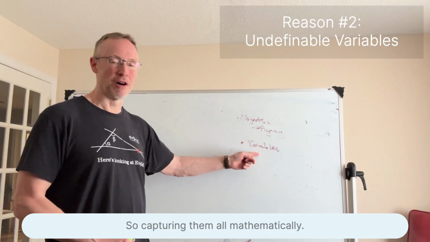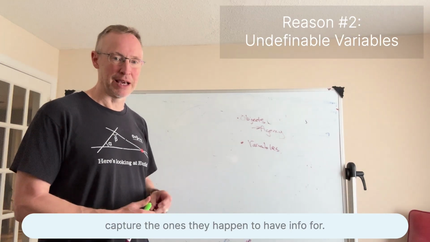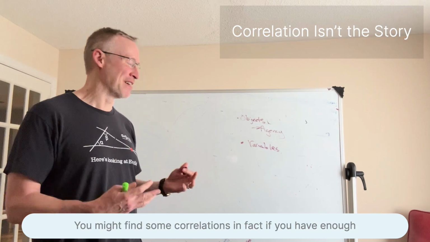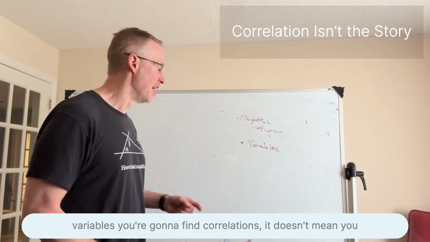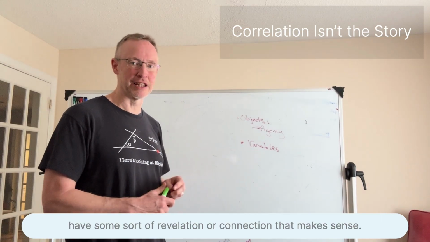So capturing them all mathematically, and a mistake people make is they just capture the ones they happen to have info for. That's not a good idea. You might find some correlations. In fact, if you have enough variables, you're going to find correlations. It doesn't mean you have some sort of revelation or connection that makes sense.